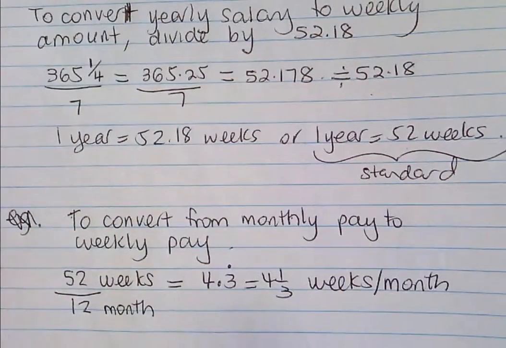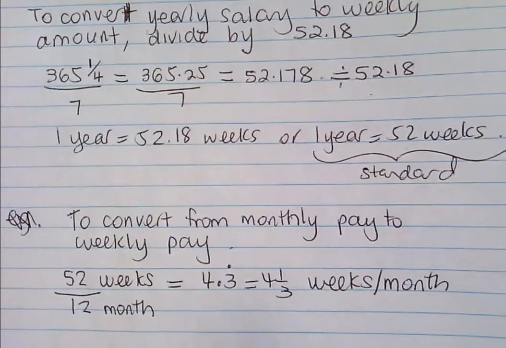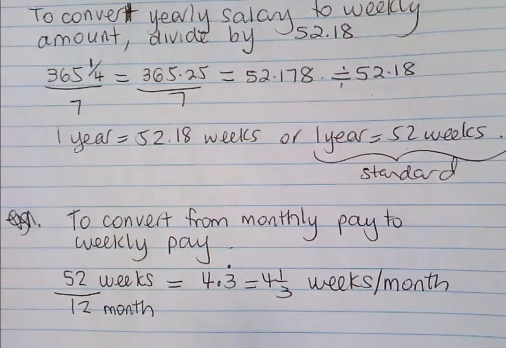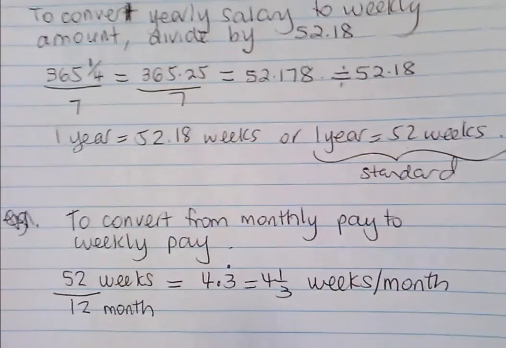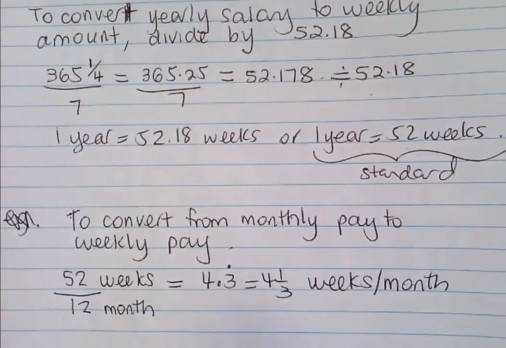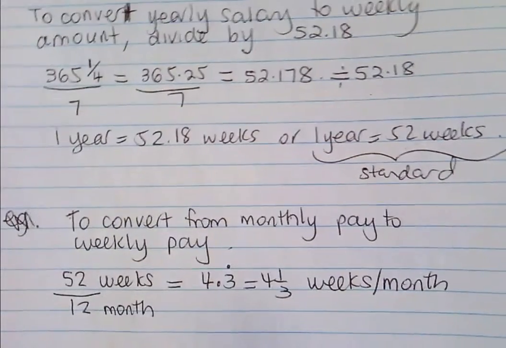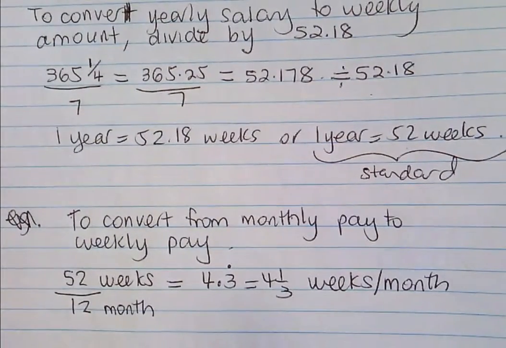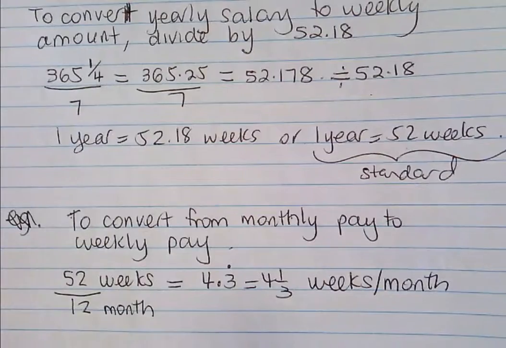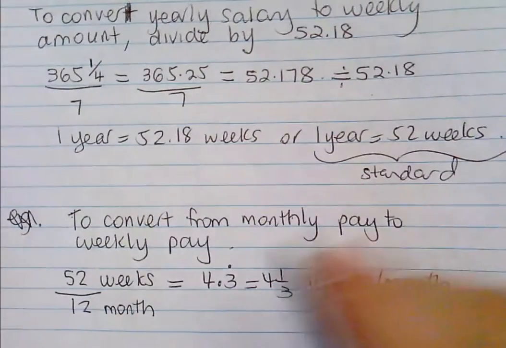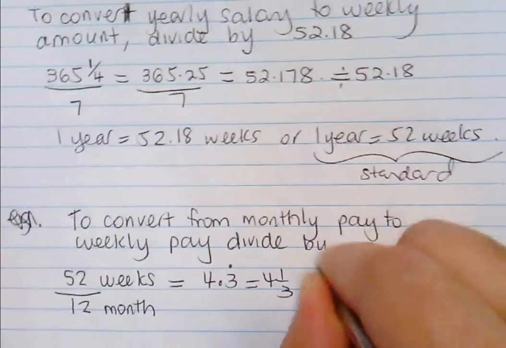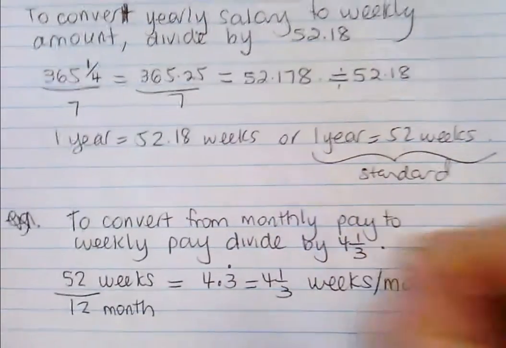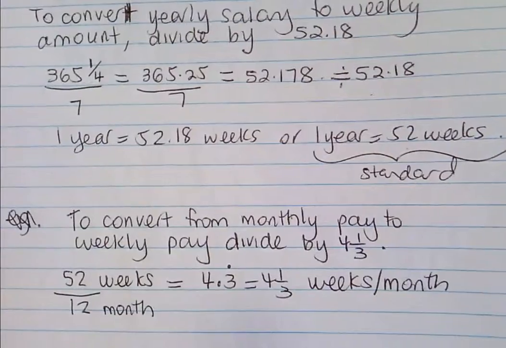If you want to convert from a monthly pay to a weekly pay, you know very well that there isn't just 4 weeks in a month. A month is, using your knuckles, 30 days, 31 days, 28 days, or 29 days in a leap year. It's never just 4 weeks, except for once a year. So to convert from monthly pay to weekly pay, divide by 4 1/3, not 4, okay?